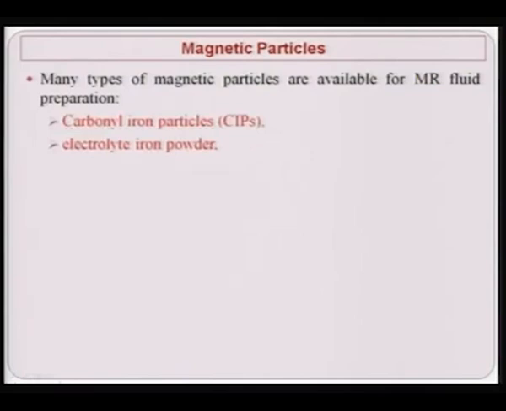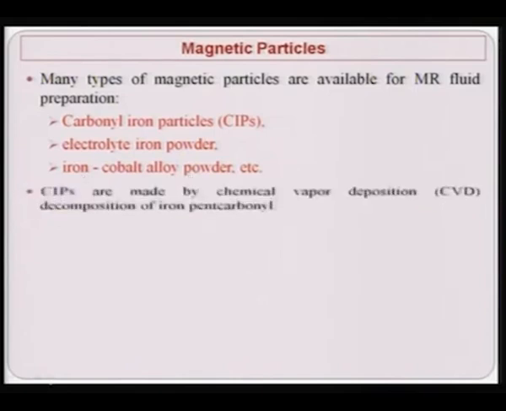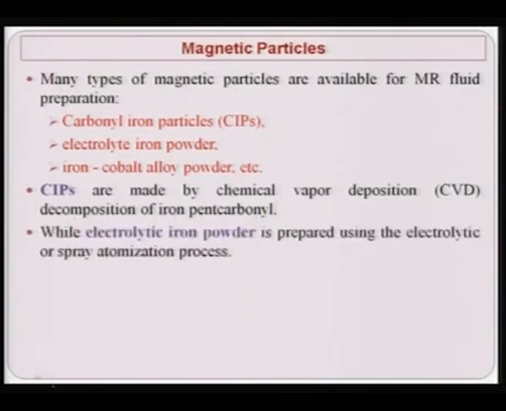As I mentioned earlier, you can use carbonyl iron particles, although carbonyl iron particles are very expensive, electrolytic iron powder, iron cobalt alloy powder, etc. CIPs are made by chemical vapor deposition, decomposition of iron pentacarbonyl, while electrolytic iron powder is prepared using the electrolytic or spray atomization process.